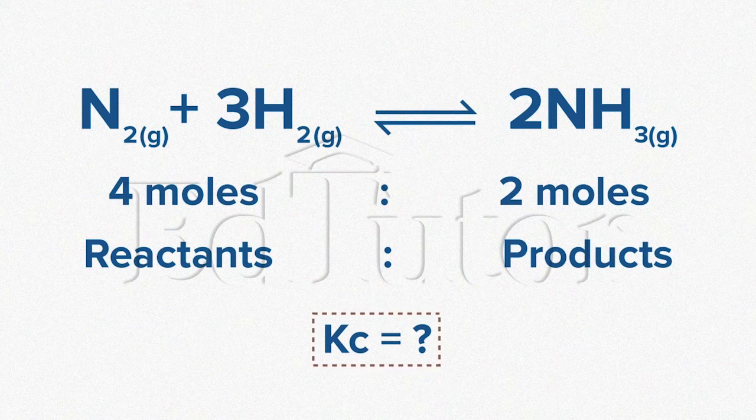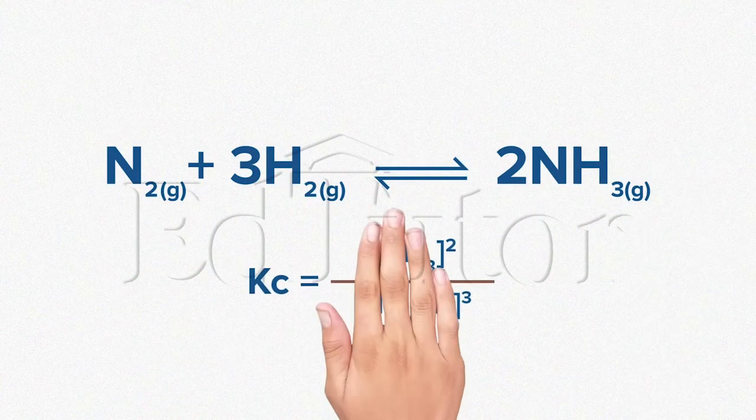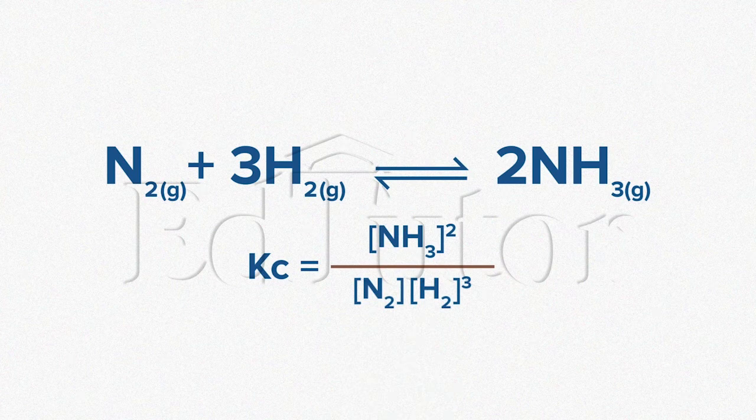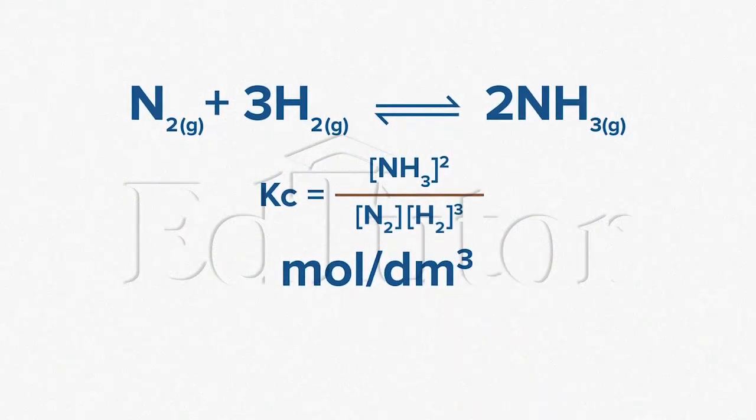Let's use the Kc expression to find the answer. For the Kc expression, we see that Kc is equal to the concentration of ammonia squared divided by the product of the concentration of nitrogen and the concentration of hydrogen raised to the power 3. We must now replace the concentrations by mole per decimeter cube.